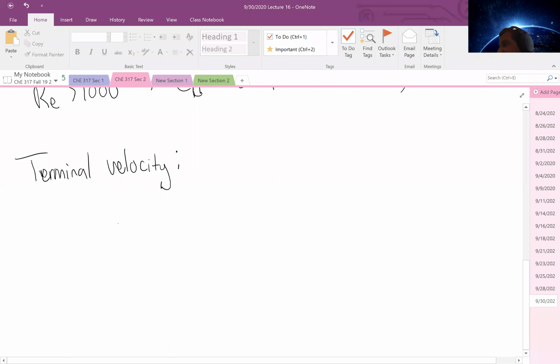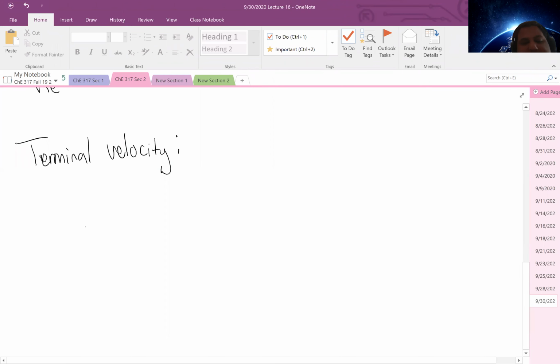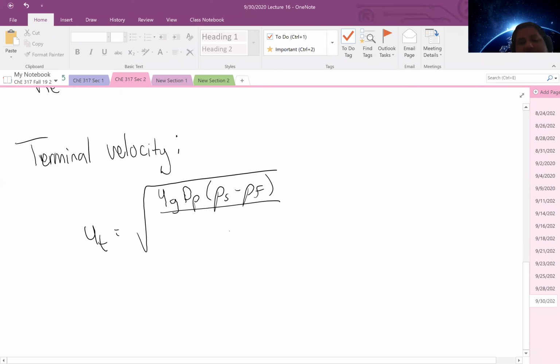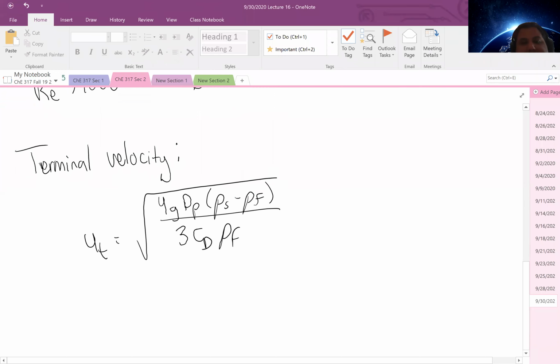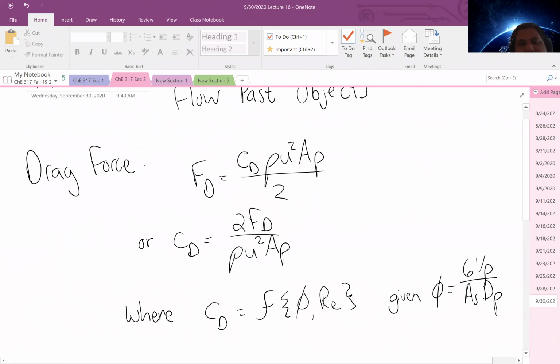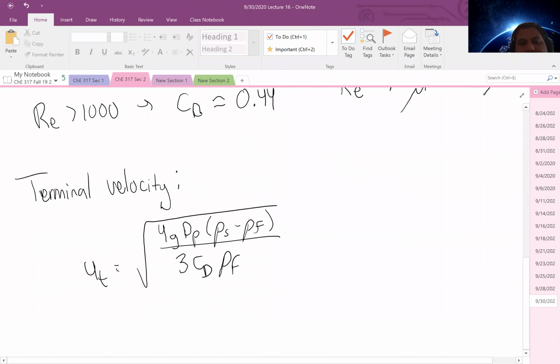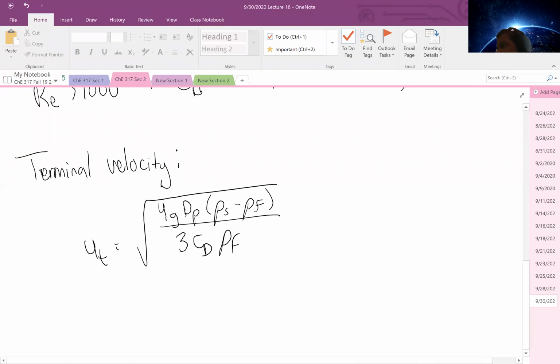And we said for a typical object falling due to gravity, our terminal velocity is approximately the square root of 4 times gravity times our characteristic length times the relative density between the object and the fluid over 3 times our drag coefficient times the density of the fluid. So that's the quick recap from Monday's lecture.